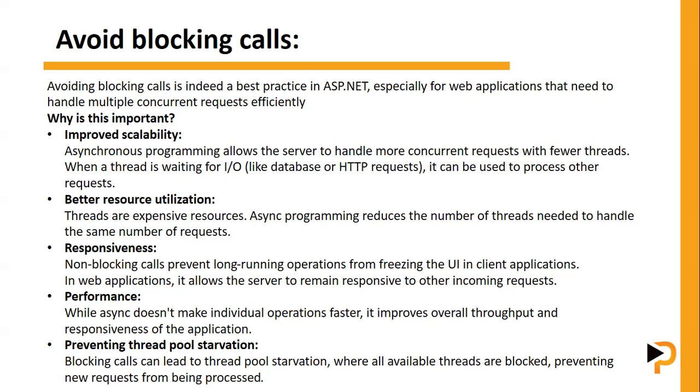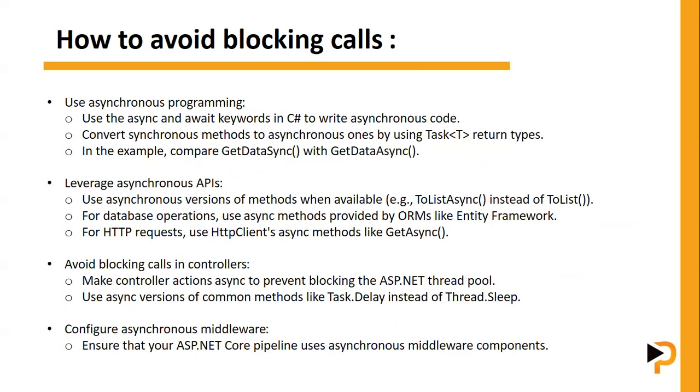So because of these reasons, we need to avoid blocking calls. So how do we resolve it? Use asynchronous programming, leverage asynchronous APIs, avoid blocking calls in a controller, and configure asynchronous middlewares.